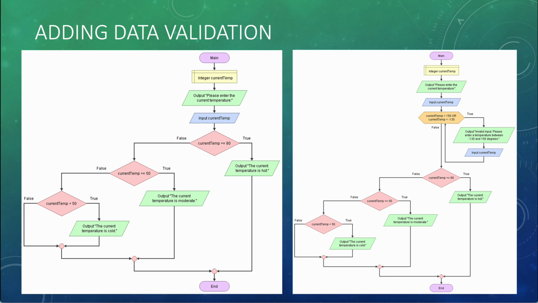Whatever they put in here will replace the value that was assigned up here. And then it will check again to see if they have corrected the problem. As long as it's still outside of that range, it will continue to give them that error and let them retry it. But if they correct it, then it will proceed to the if statements that we used before. So that just filters out a lot of invalid input and lets the user know what they can and cannot put in.